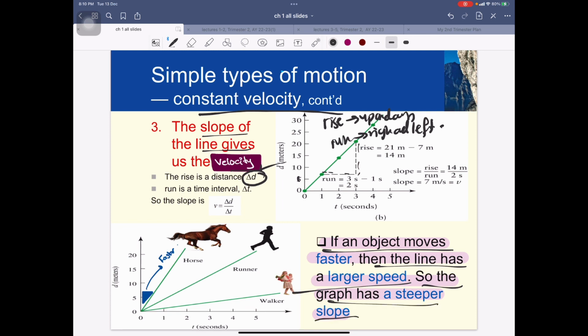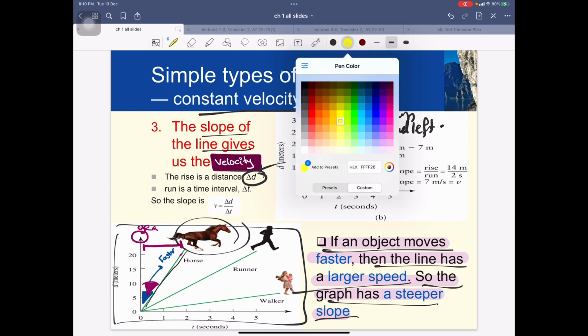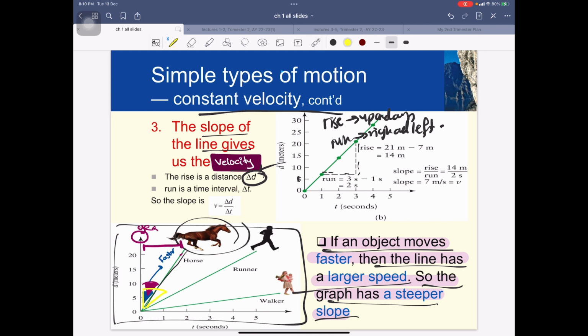And if the object moves faster, then the line has a larger speed, so the graph has a steeper slope. طيب, لما أنا بجي مثلا جاني ده and he's telling me which object moves the fastest, قال لي الهورس ولا الرنر؟ الهورس is moving the fastest. ليه؟ because it has a steeper slope. طب كيف أعرف إنه slope is steeper or no؟ من الأنجل اللي حيسويه اللاين in relation to the y axis. يعني الانجل حقته, the smaller the angle, the faster the object is moving. شوف هنا الهورس هذا الانجل حقته. طب خلونا مثلا نشوف الرنر, كم الانجل حقة الرنر؟ الانجل حقة الرنر هذه, شفتوا كيف الانجل كبيرة compared to الانجل الهورس هذه؟ فعشان كذا الهورس بيكون running faster, so therefore the line has a larger speed, so therefore the larger the speed, the steeper the slope.